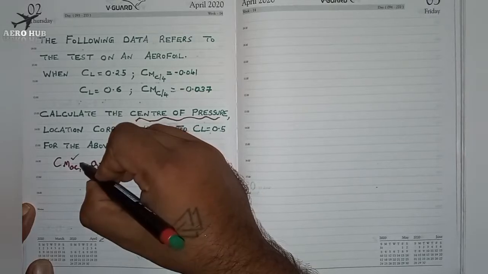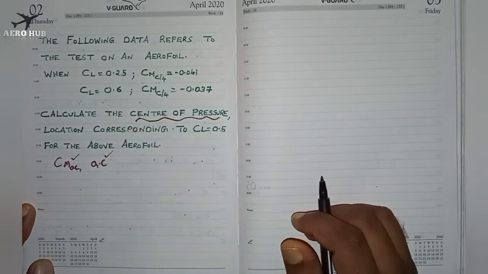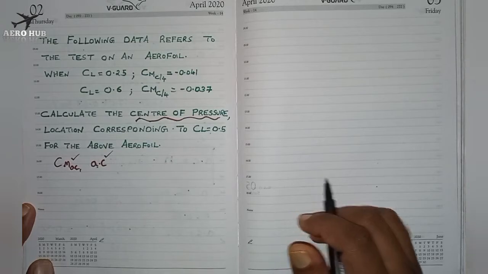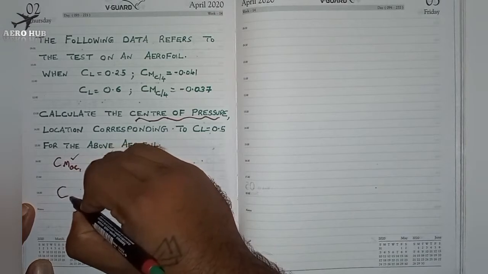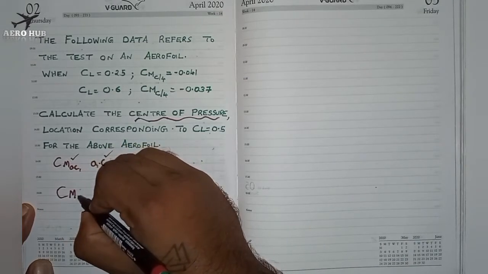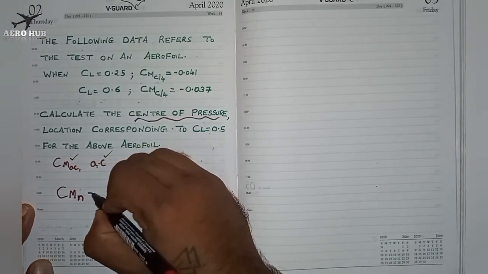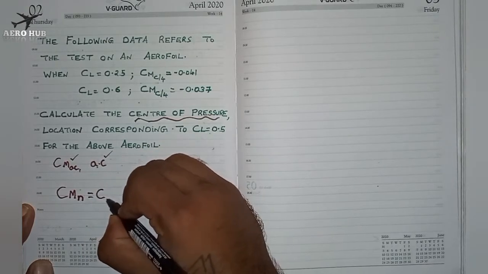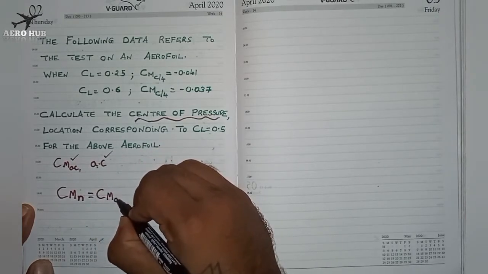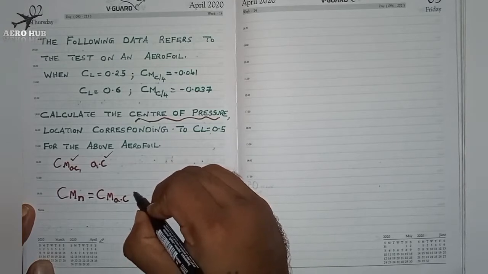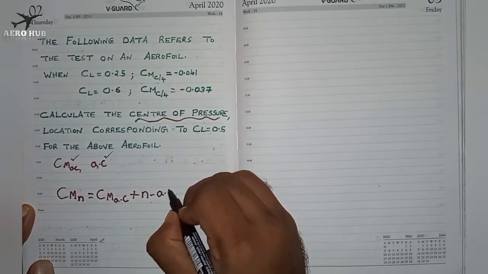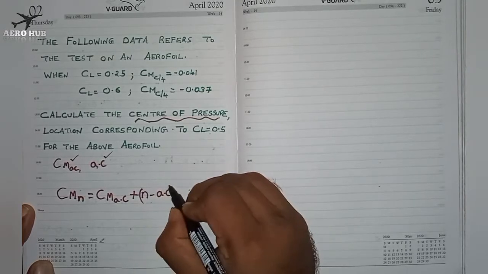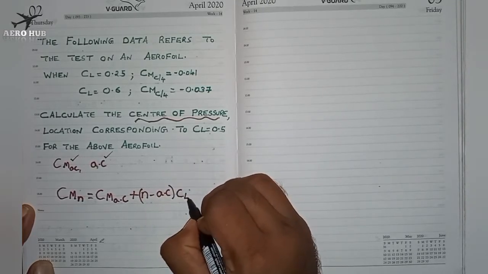So first of all, I will find the coefficient of moment about the aerodynamic center. I will introduce one important formula: Cm at a particular point n is equal to Cm about the aerodynamic center plus (n minus aerodynamic center) into the corresponding CL.